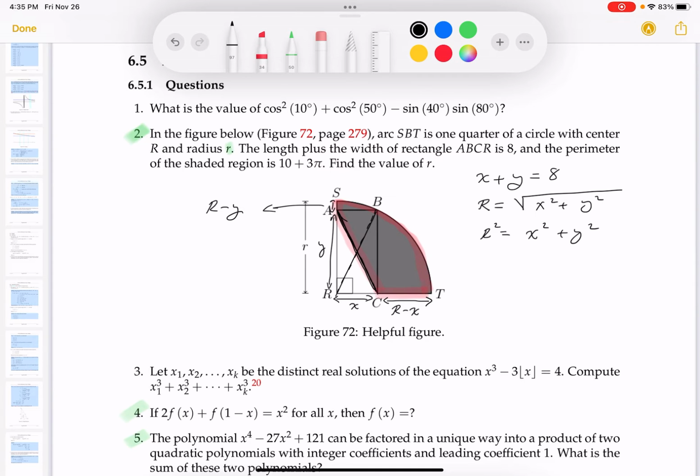So what do I know? The perimeter, let's write this down, is 10 plus 3 pi is equal, I'm going to start here, r minus x plus r plus r minus y plus, I got to do the arc now.